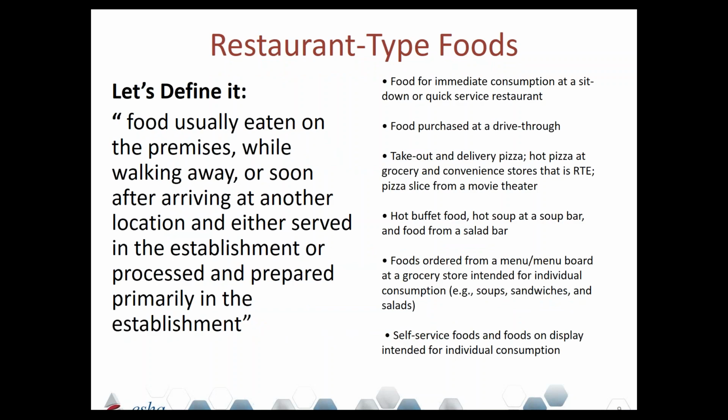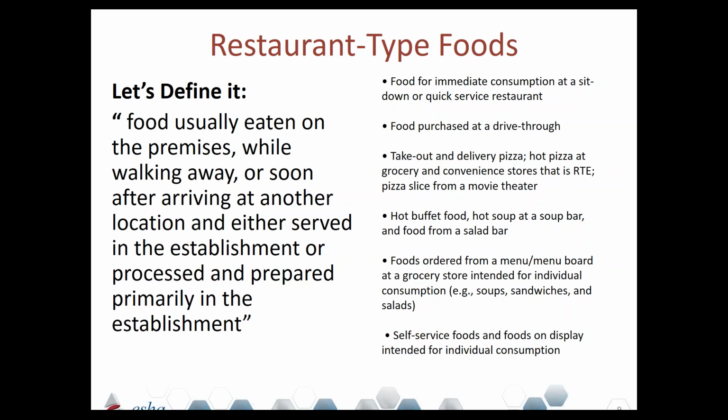Let's talk about restaurant type foods. This is a big item that is used often in the new regulations. To define it, it's food usually eaten on the premises, while walking away, or soon after arriving at another location, and either served in the establishment or processed and prepared primarily in the establishment.